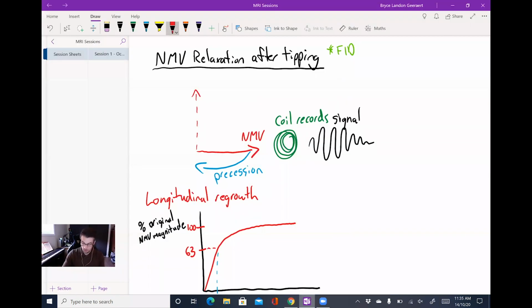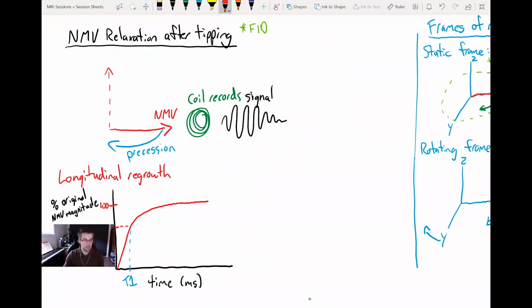I'll flip back to my drawings here. And that can be described by a second curve, which I will label over here. This process is usually called transverse decay or transverse dephasing or transverse relaxation. I think decay is my favorite of those. Same axes though.